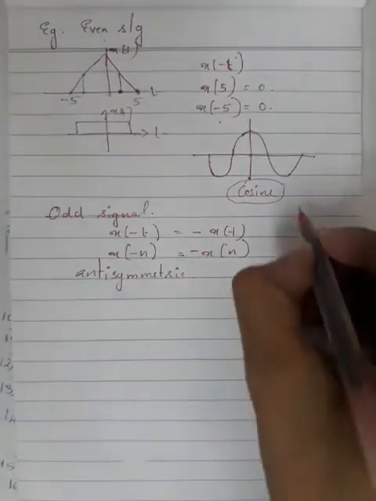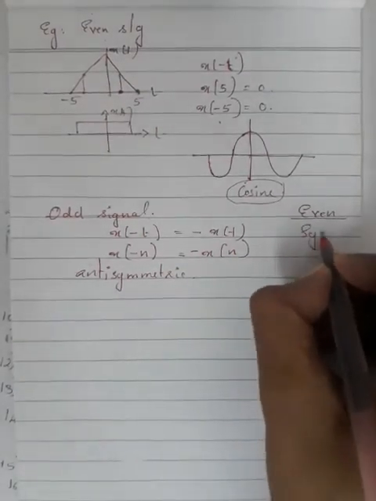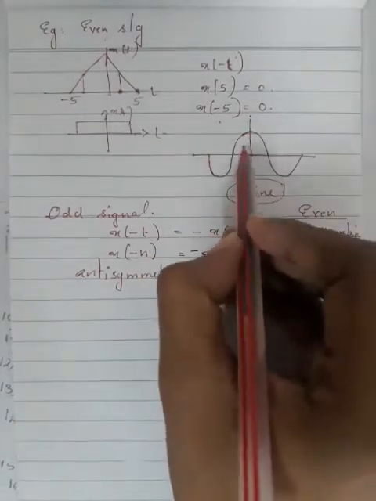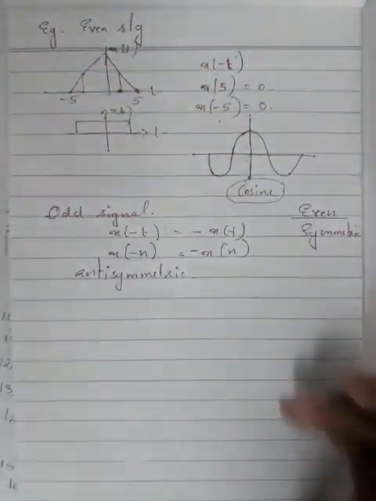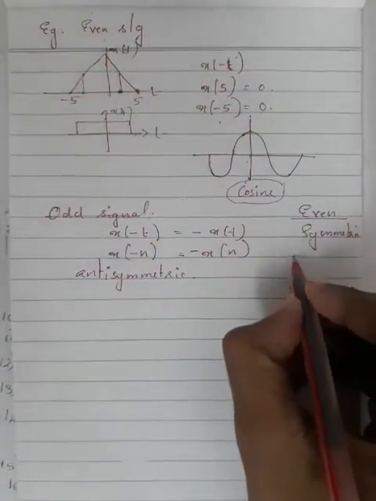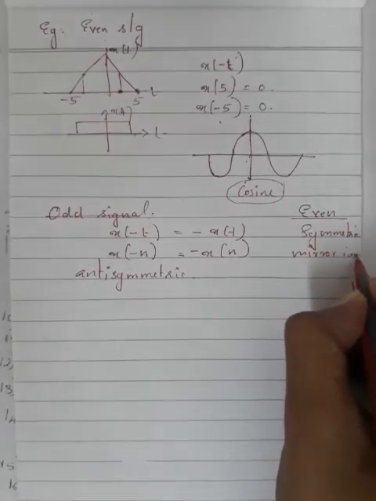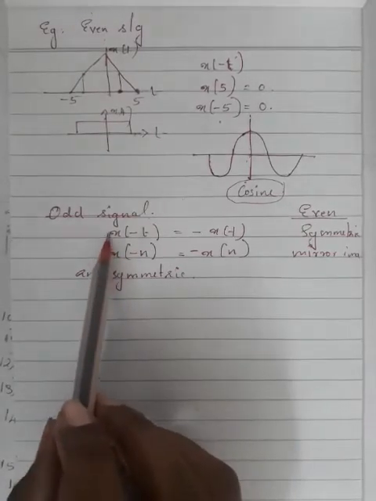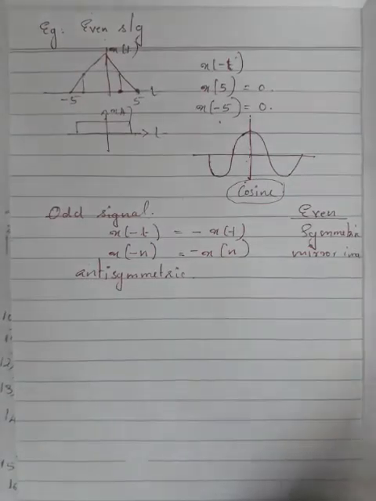This is anti-symmetric, but an even signal is symmetric. With respect to this axis, it is symmetric in the two portions, or we can say that it is a mirror image. Here we cannot say it is a mirror image, but it is anti-symmetric. That is, x of minus t will be equal to minus x of t.